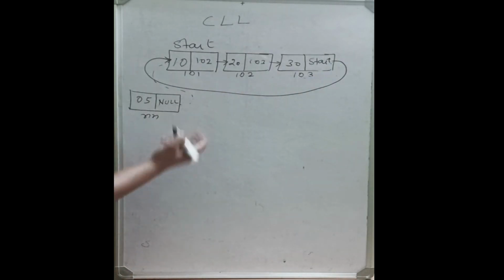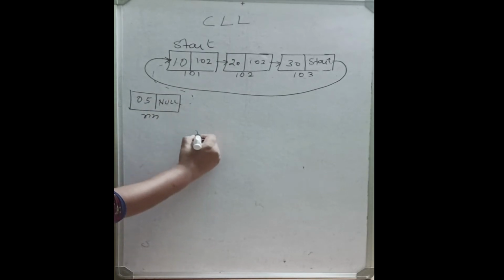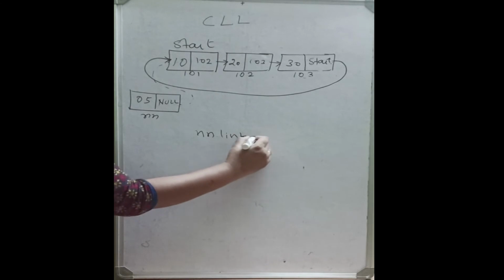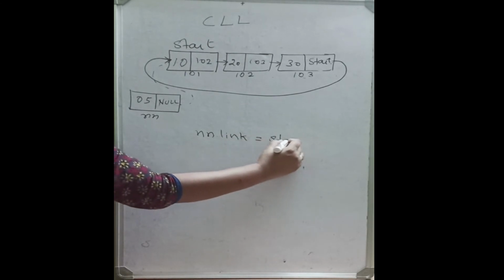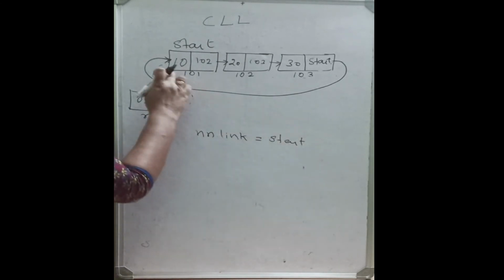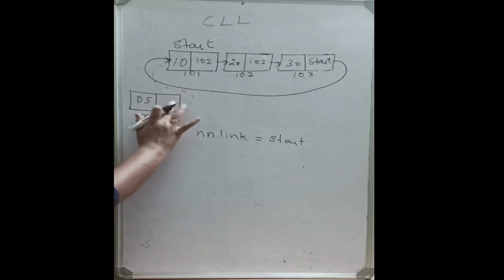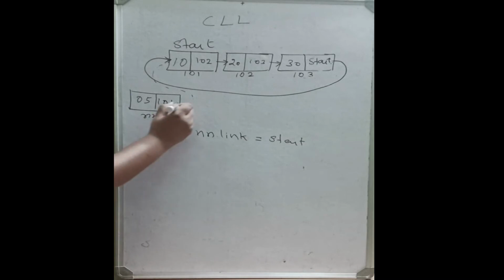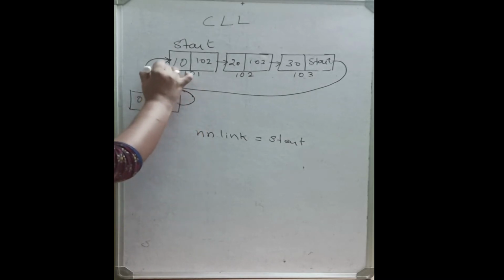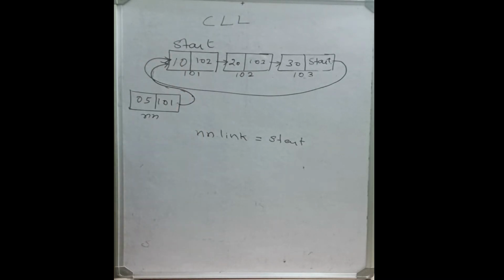So now what is my statement? In new node dot link, you are going to store the address of start. So what is the address of start? The null value will be replaced by 101. Now the link will be created.